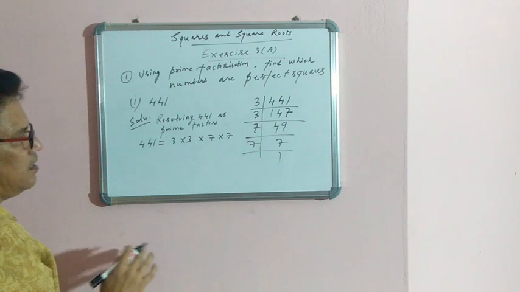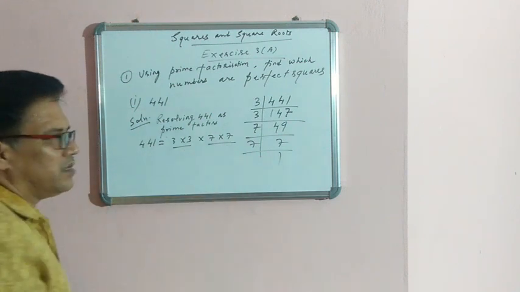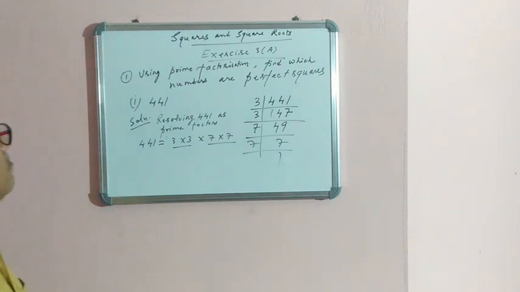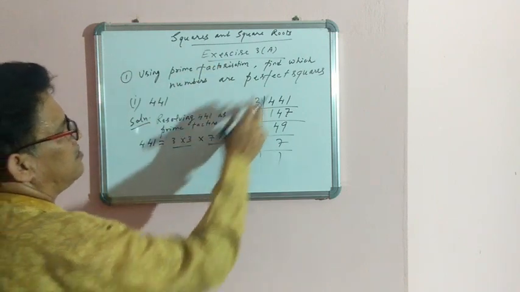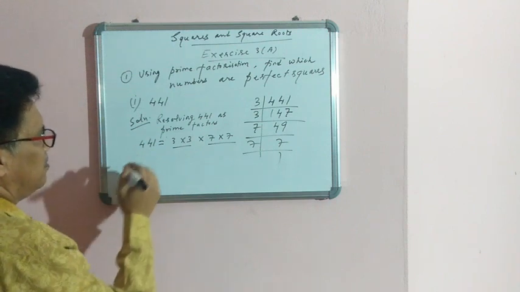Now we can see that 3 is in a pair and 7 is also in a pair. So we have to check using prime factorization. We have used prime factorization to find which numbers are perfect squares.